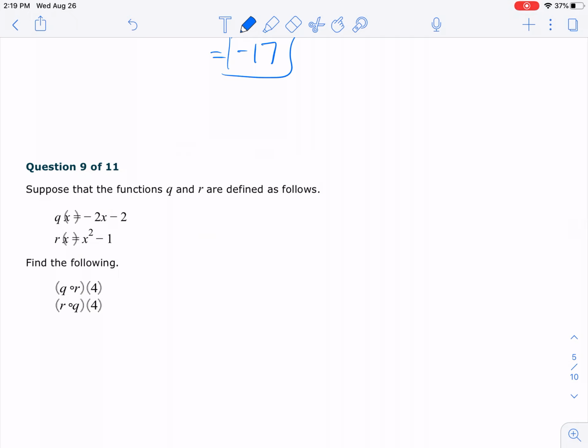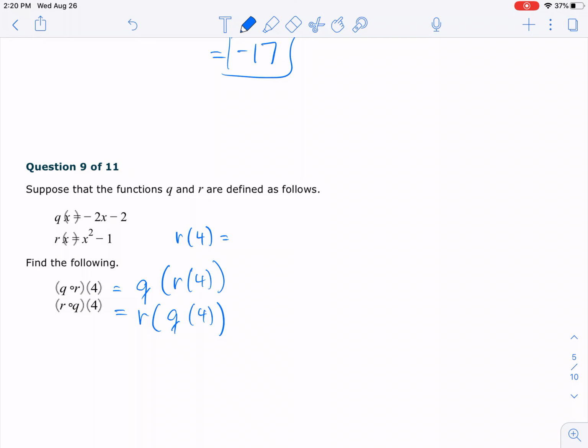So what you have right here is Q compose R, which is Q of R of 4, and then R compose Q, which is R of Q of 4. Okay, so we're going to do the exact same thing. So first, I'm going to try R of 4.